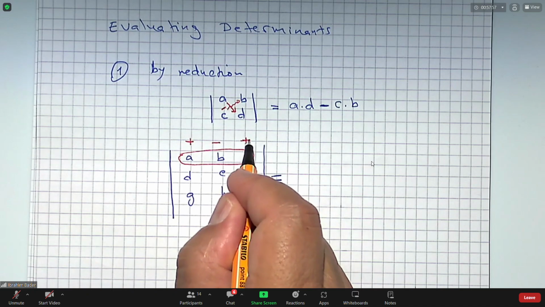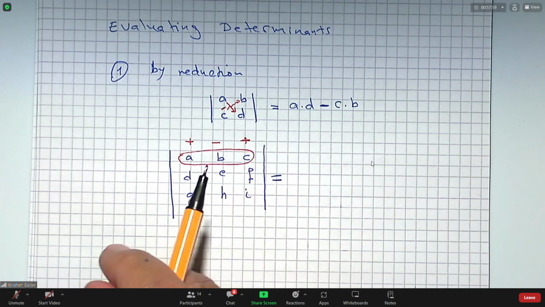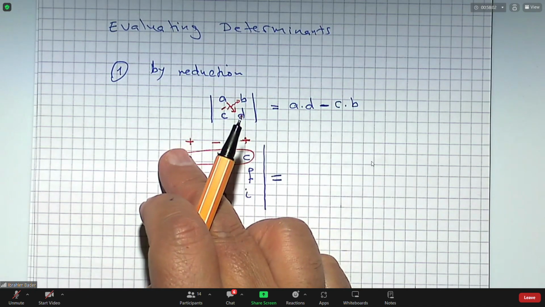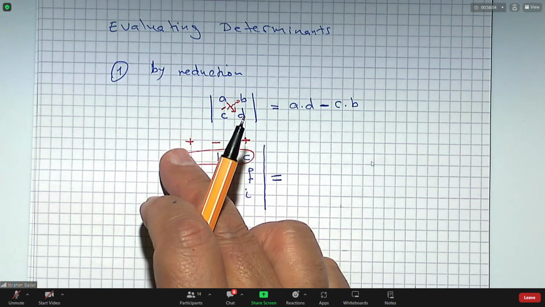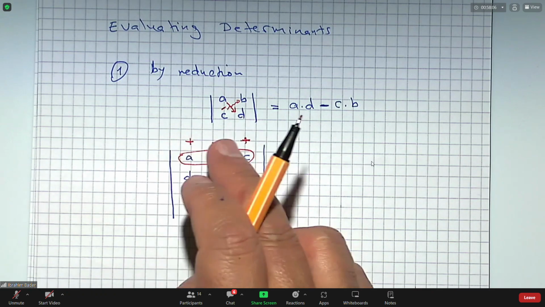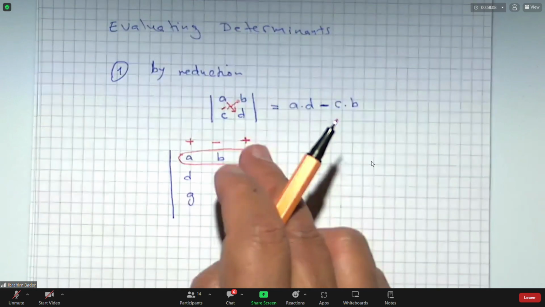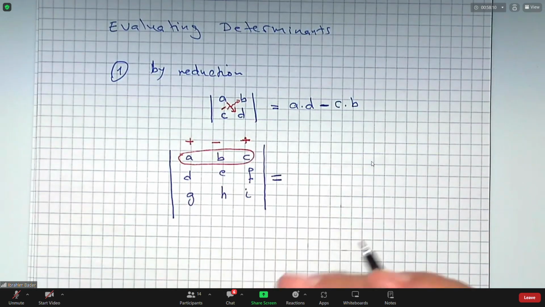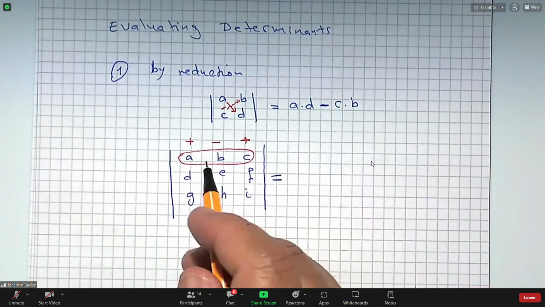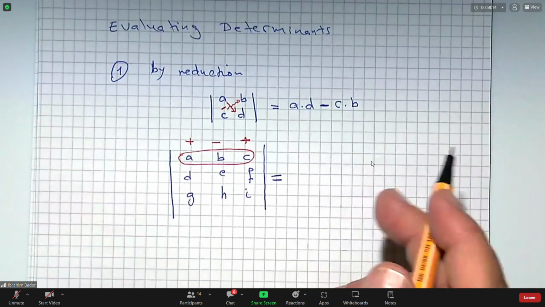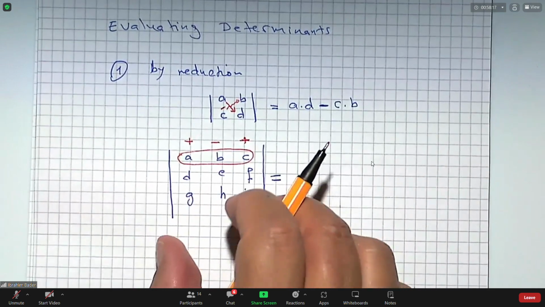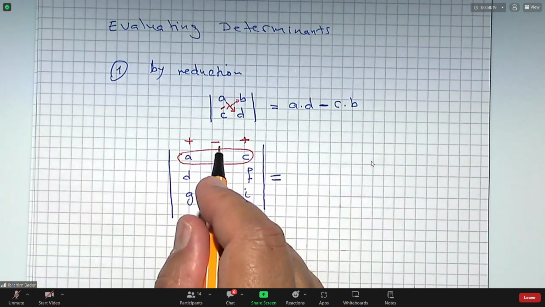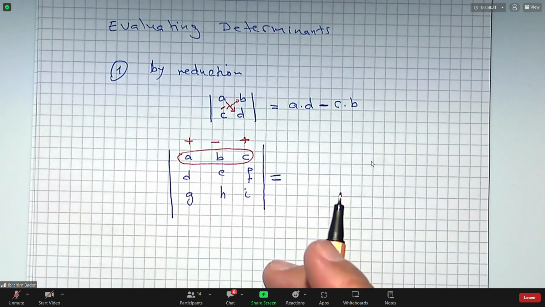So for 3 by 3, the first part of the formula is positive, then the middle one here is negative, and then it's positive. If you have 5, for instance, then it will be alternating, meaning positive, negative, and so on. For this, you need to know that positive, negative, positive. Okay?